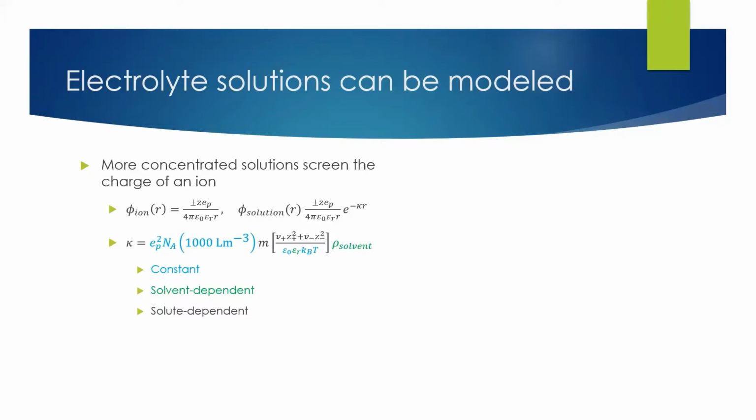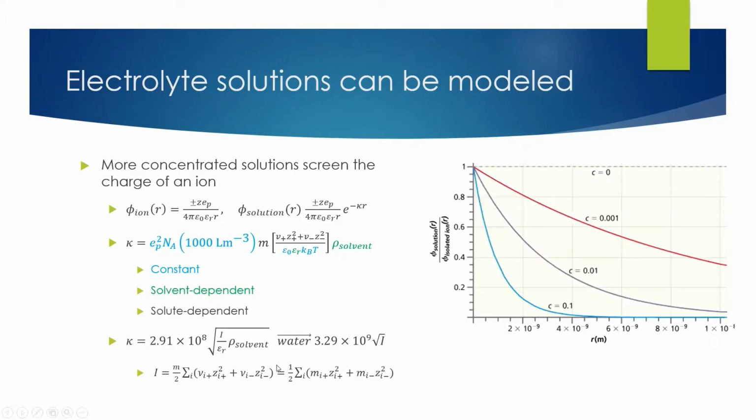Depending on what we want to do, we can pool a lot of these together. So we can say that kappa is equal to 2.91 times 10 to the 8th times the square root of I, where I is the ionic strength, which is defined down here.